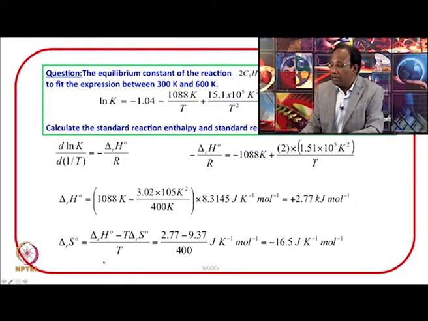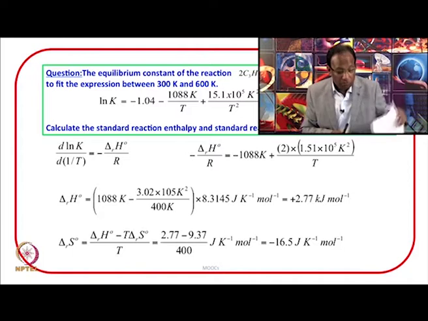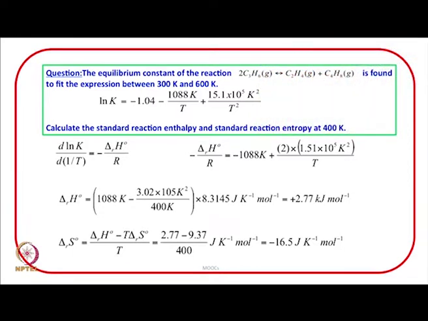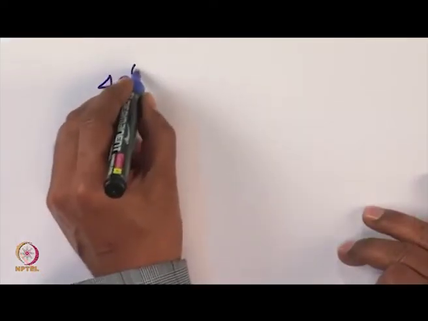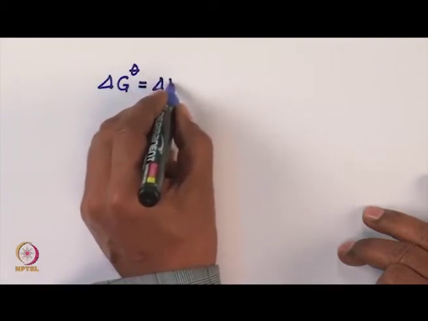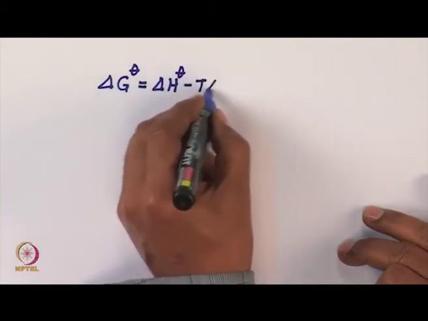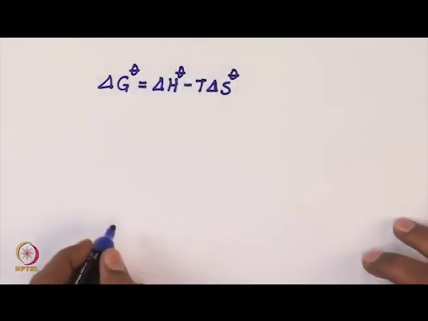Look at the slide, delta RS naught is equal to delta RH naught minus delta RG naught divided by T. This I am getting from delta G naught is equal to delta H naught minus T delta S naught.